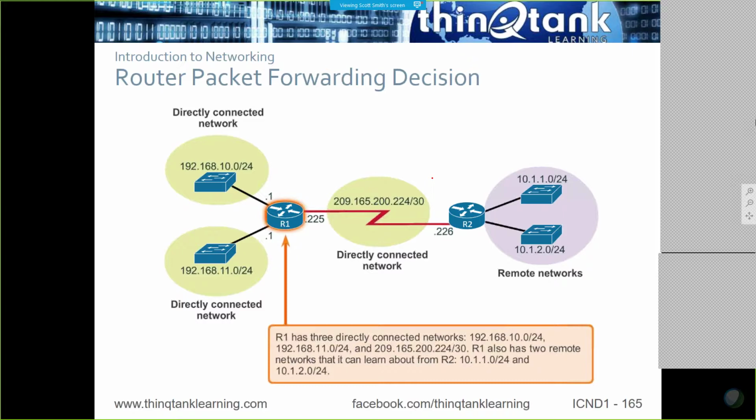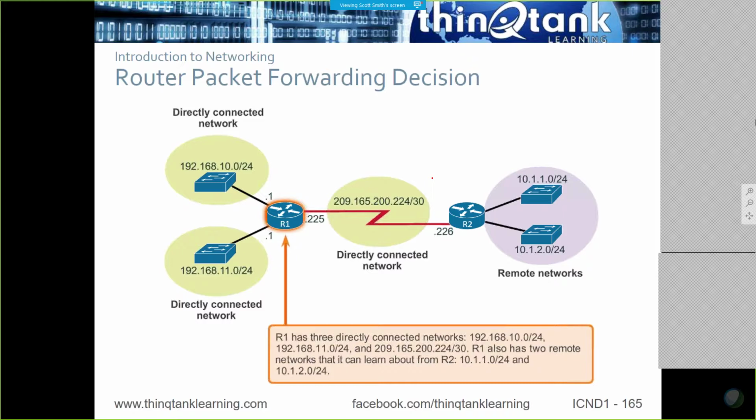Routers don't do that. Routers do the opposite. If a router does not know how to reach a destination, it drops the packet. So routers only do what they're told to do. They don't have any default action. A router by default doesn't really know anything. It has to be told how to reach destinations.